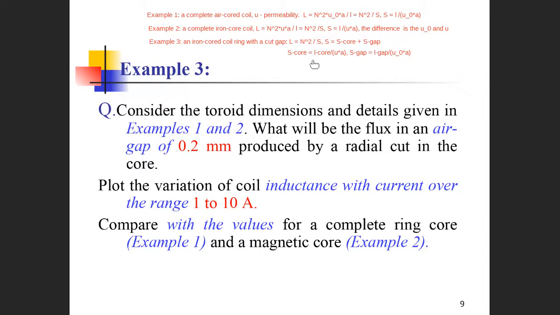The two parts are in series, so the total reluctance is the sum of the two. For the core material, use the permeability mu. For the gap, use the permeability mu 0. With the total reluctance, you can estimate the inductance.